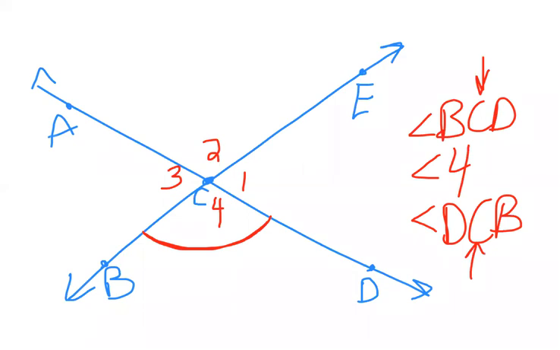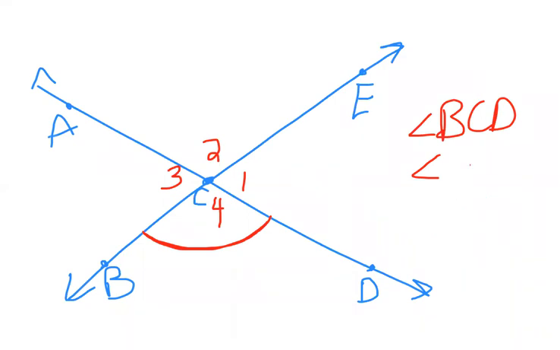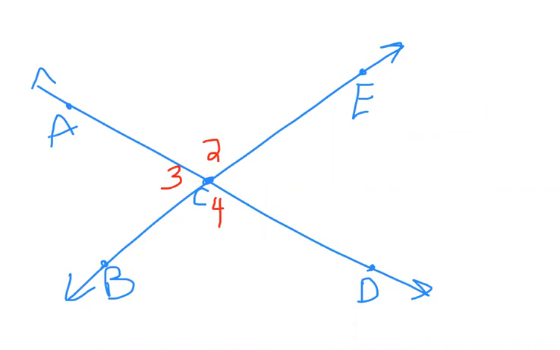Perfect, perfect, perfect. Okay, let's make it more complicated now. I am going to split this angle. There's a point F, and let's call this angle 1, and this can now be angle 5.